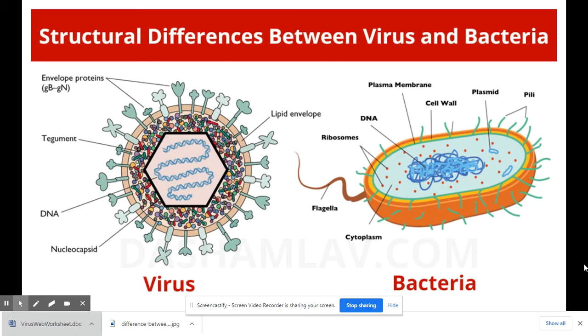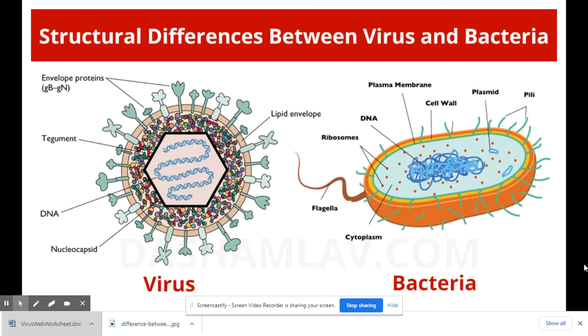And if you look at the virus, you have these little proteins that stick out that look similar to the hairy structures on the bacteria. Of course, they serve completely different purposes, as we'll find out a little later. Some viruses have DNA, some have RNA, just depends on the type of virus that it is.